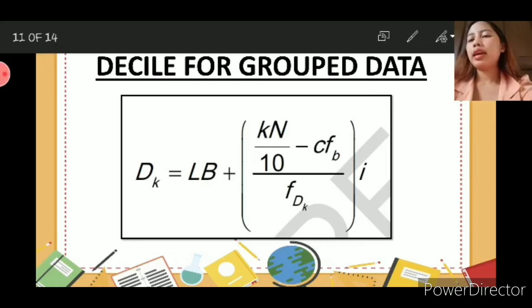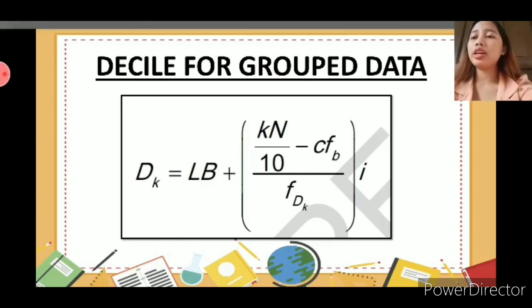D sub k equals LB plus the quantity Kn over 10 minus Cf sub b, all over F sub D sub k, multiplied by I, where LB is the lower boundary of the class, N is the total frequency, Cf is the cumulative frequency before the class, F is the frequency of the class, I is the size of the class, and K is the decile number.